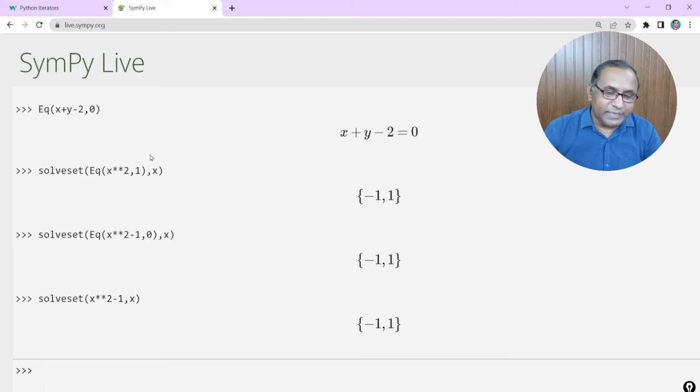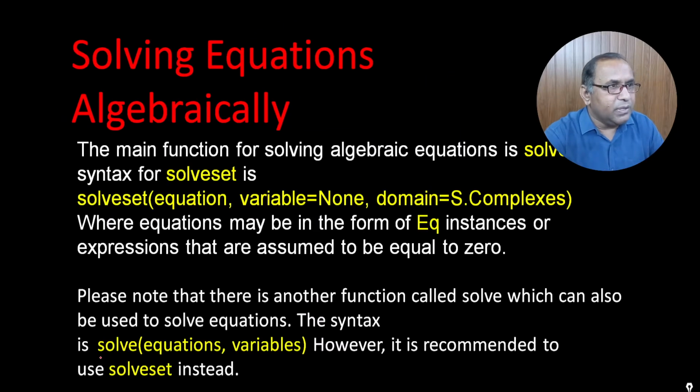The most important thing is, please note the syntax for the above equation. We did not use the Eq function here. Okay, we can directly use the solveset function to solve the equations. Now, how can we solve algebraic equations?